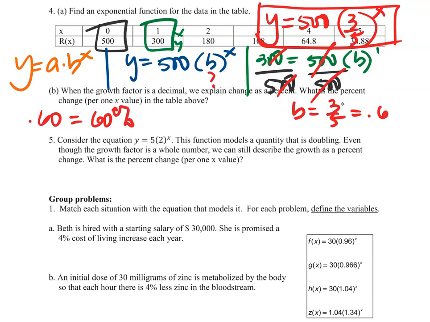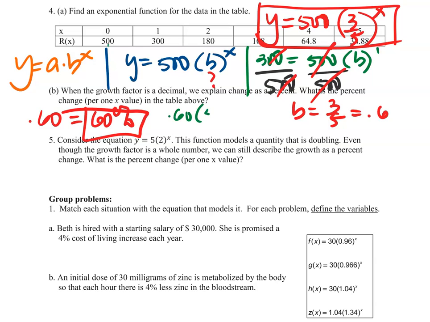So that answers our question, what's the percent change in the table above? So that is 60%. Try that. Look at this. 60% of 500 is 300. 60% of 300 is 180, and so on and so forth. So the answer is 60%.